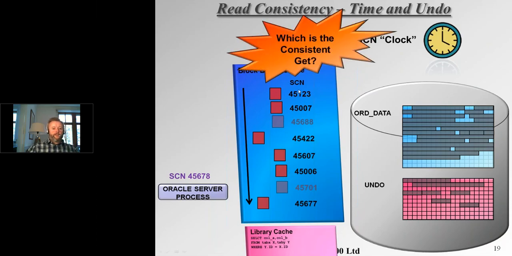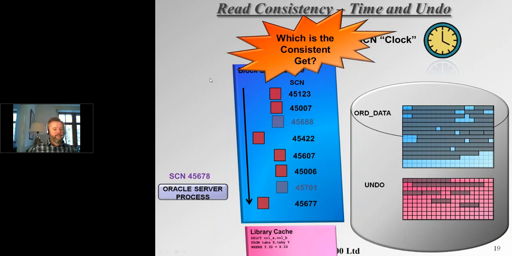Now, every time you get a block, it's called a get. People often talk about consistent gets. So which of these block gets is a consistent get? And the answer is, they all are. It's not whether Oracle has to apply this undo that makes it a consistent get. It's that Oracle considers whether it will need to do that.